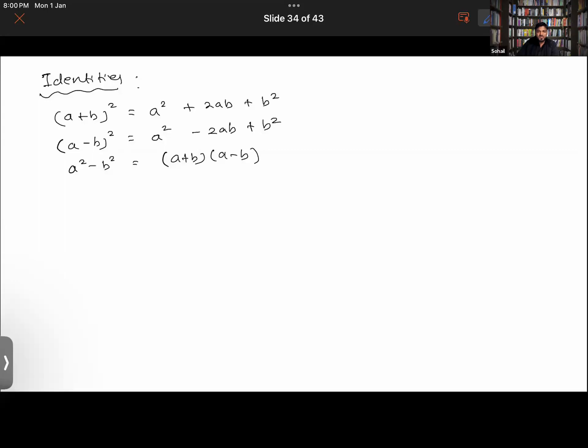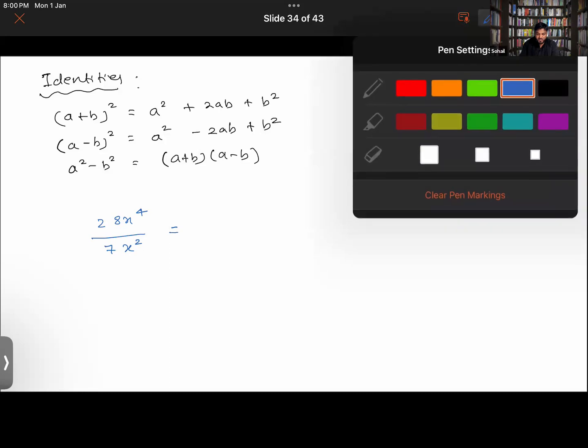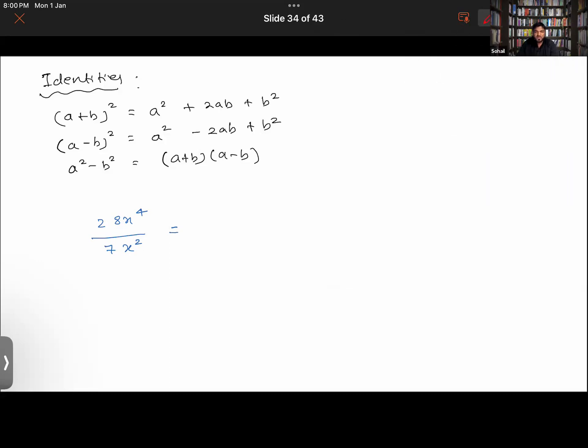Basically, for example, you have a question like 28x raised to the exponent 4, and you divide it by 7x raised to the exponent 2. What should be the answer? I am dividing here.